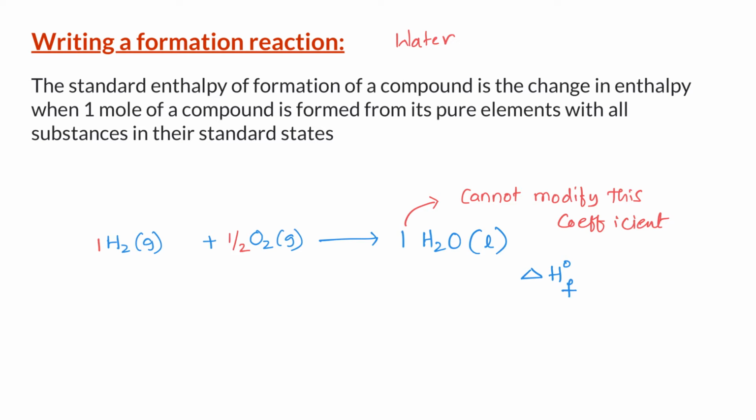The enthalpies of formation for several known substances are already recorded and tabulated. These values are available at the back of any regular chemistry textbook. For example, the enthalpy of formation of liquid water is negative 285.83 kilojoules. Let us do a couple more examples.